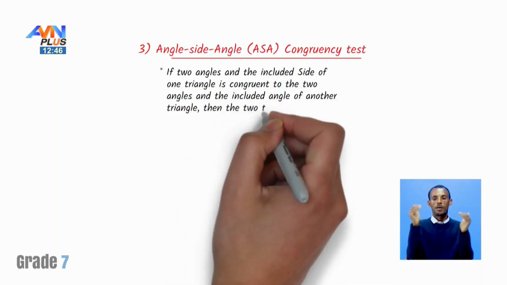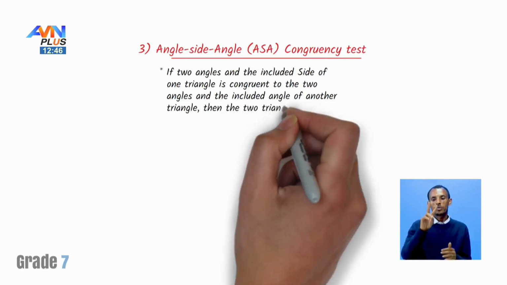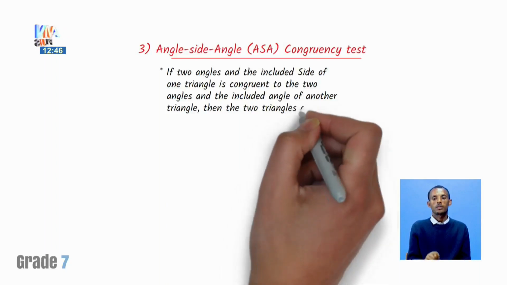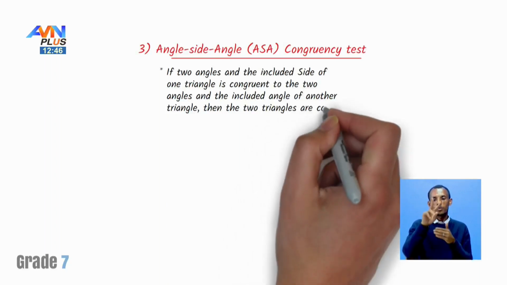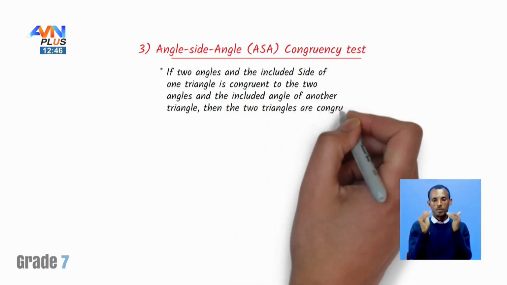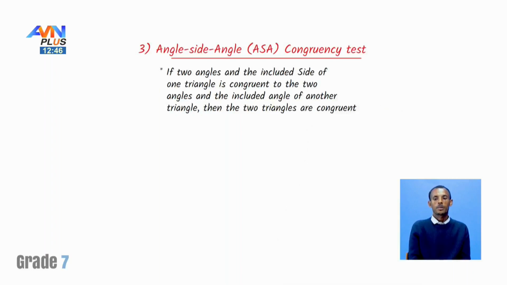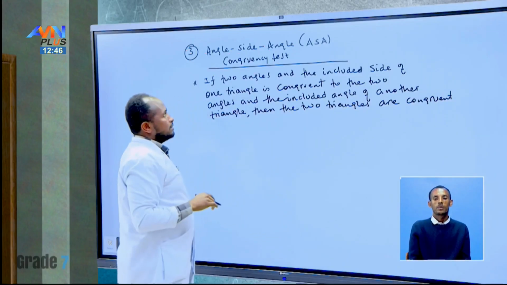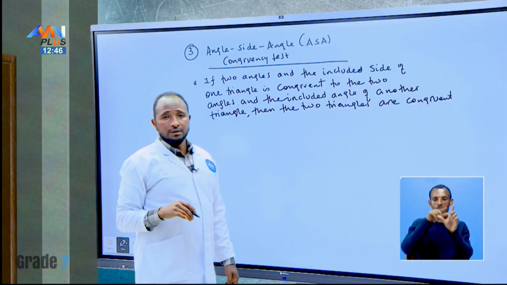Then the two triangles are congruent by angle side angle test.